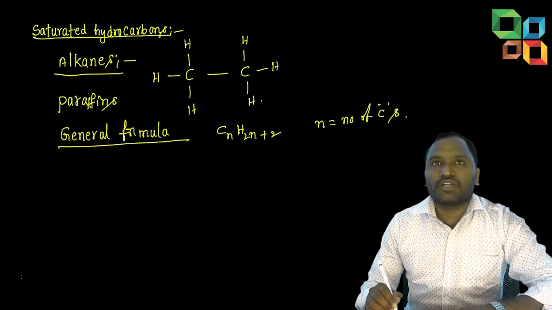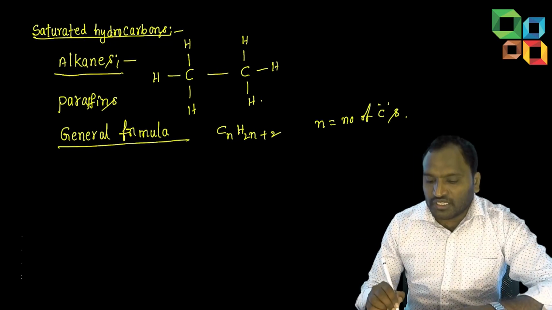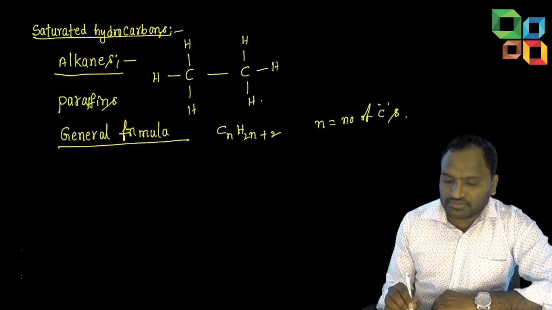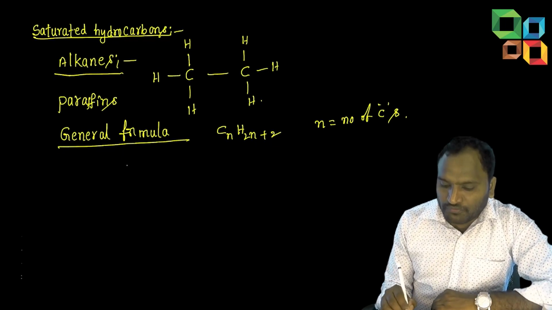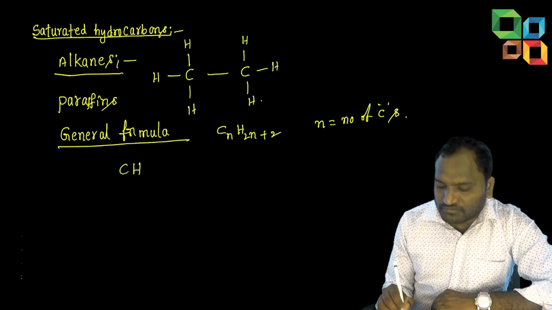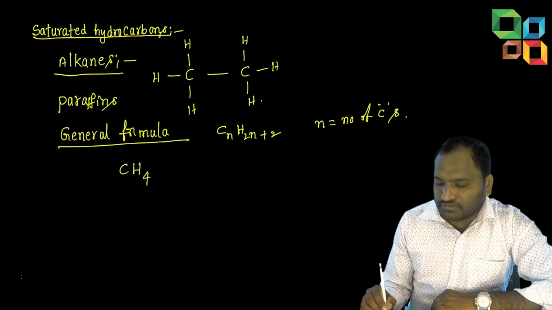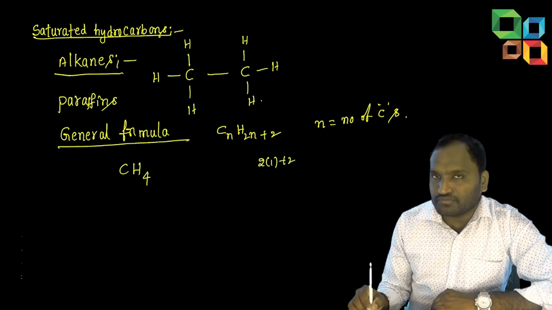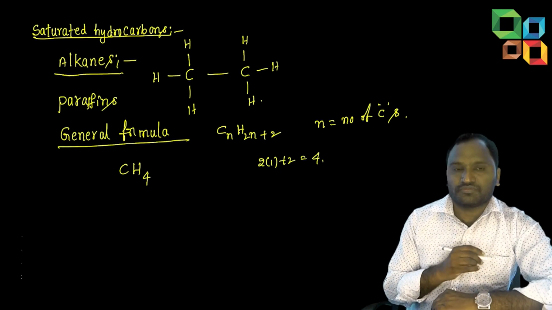If it contains only one carbon, how many hydrogens does it need? 2 into 1 plus 2, 4.